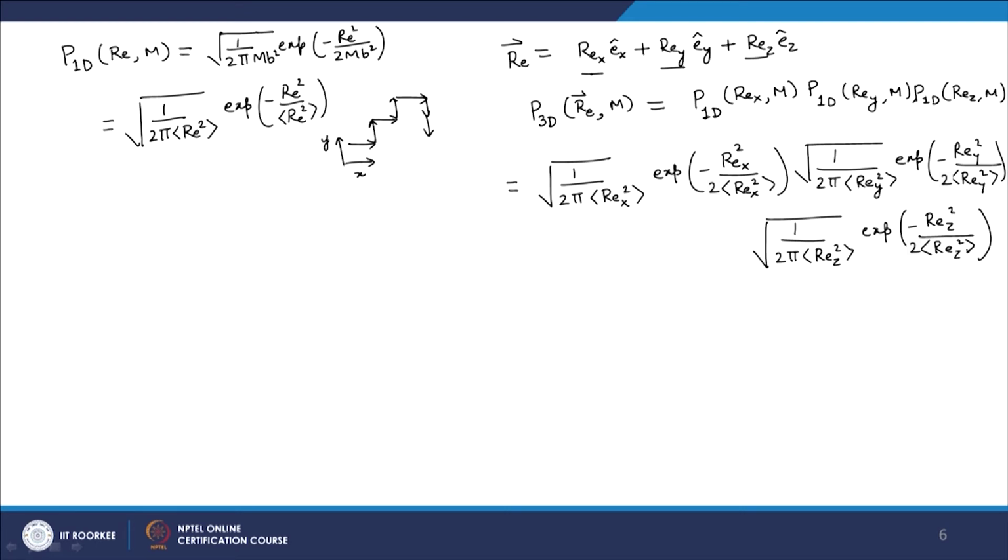Now, we can note here that even for the 3-dimensional random walk, we have derived R_e square is equal to m b square.